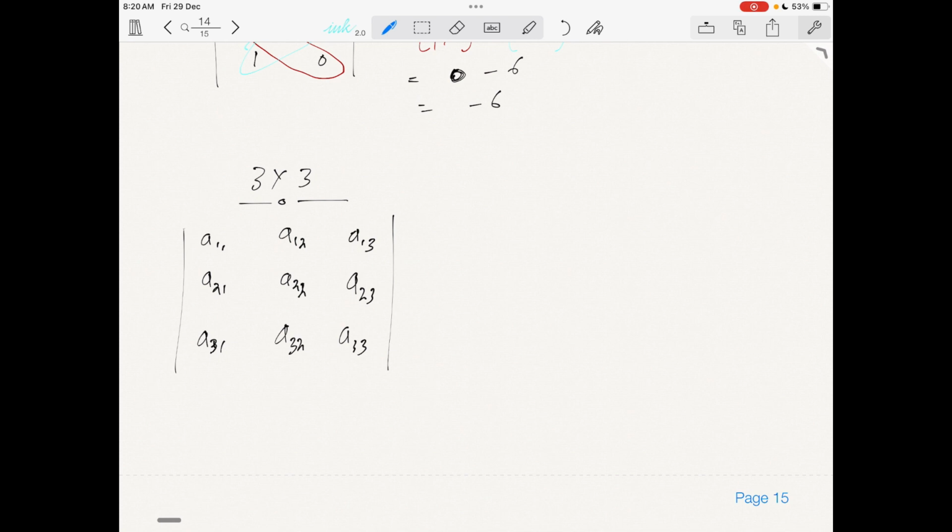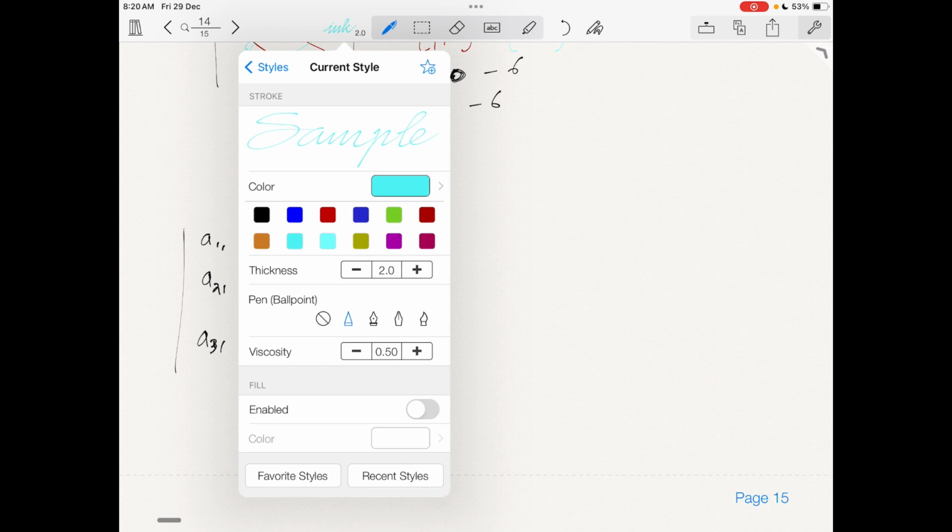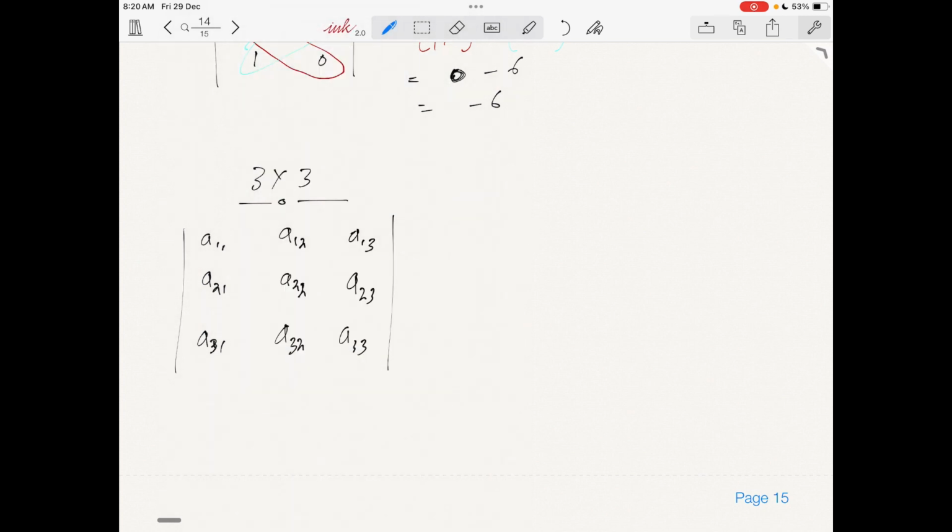The first rule we have to notice is the order of sign. The appropriate sign values are given by plus, minus, plus, minus, plus, and so on, alternating.